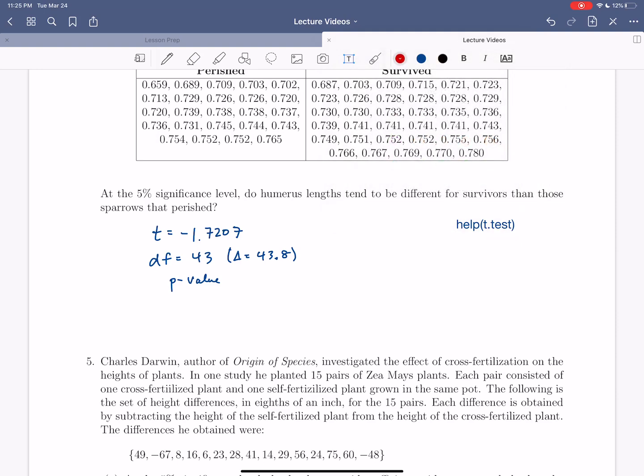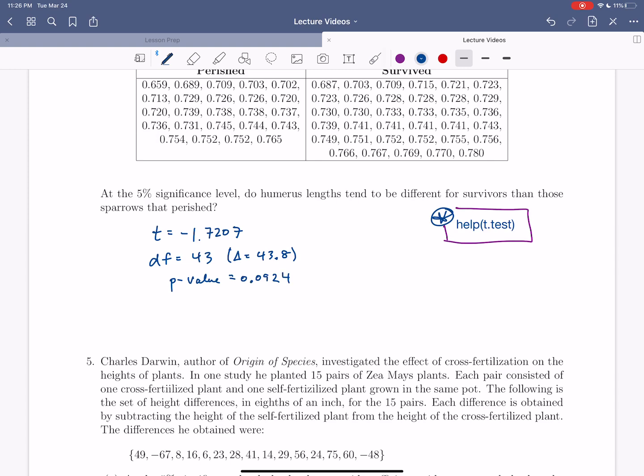Go ahead and look up that documentation. That'll be magic. That'll really tell us everything that we need. So help t.test gives us everything. Turns out our p-value is 0.09236, so 0.0924.